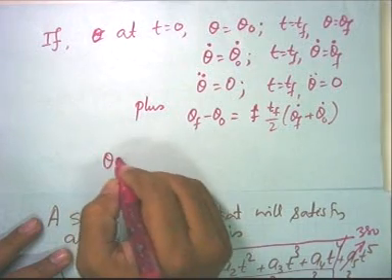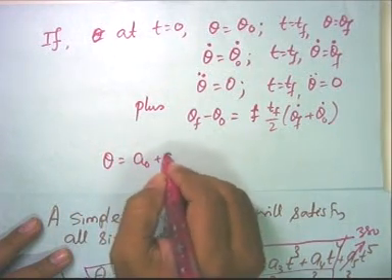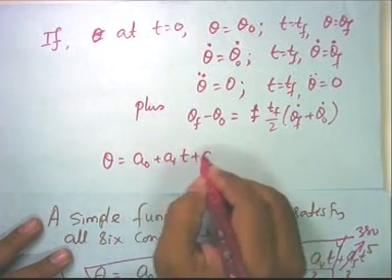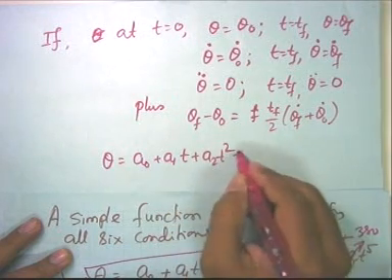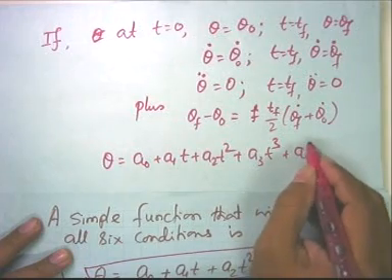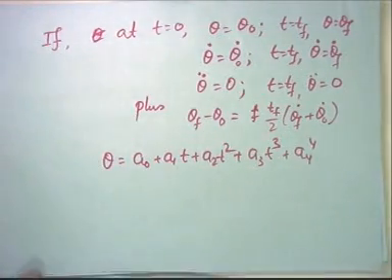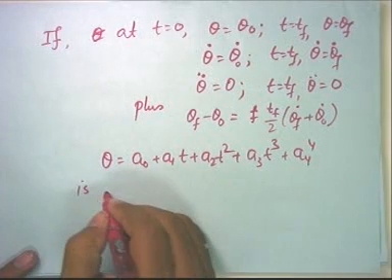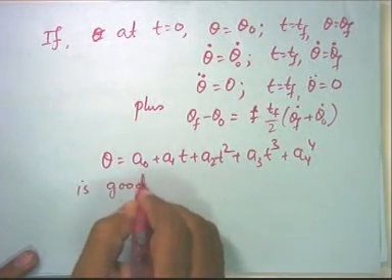So, then theta is equal to a 0 plus a 1 t plus a 2 t square plus a 3 t cube plus a 4 t to the 4, is a good trajectory.